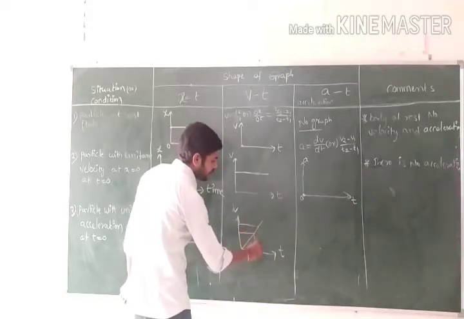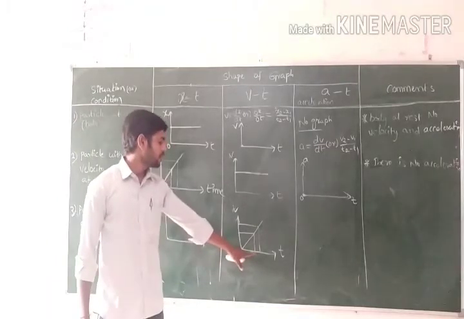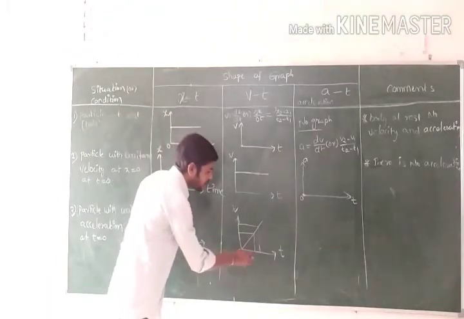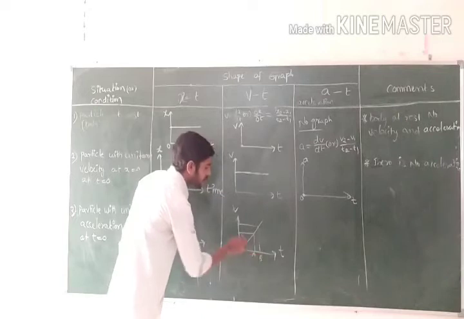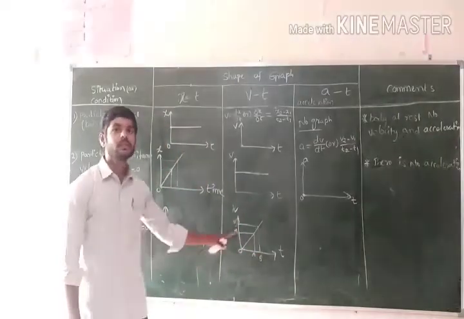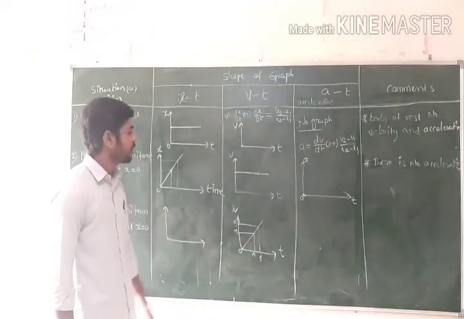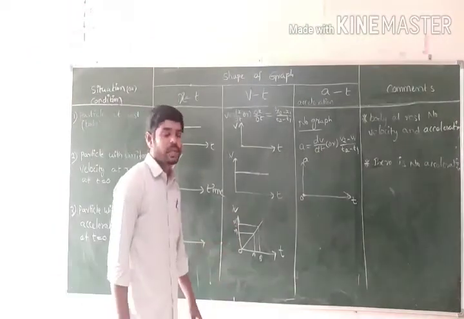Wherever you take the graph value, from the origin to this point, A and B, the slope of the graph is constant everywhere. This is called the uniform condition according to the graphical method. So this is the graphical method, velocity versus time graph.